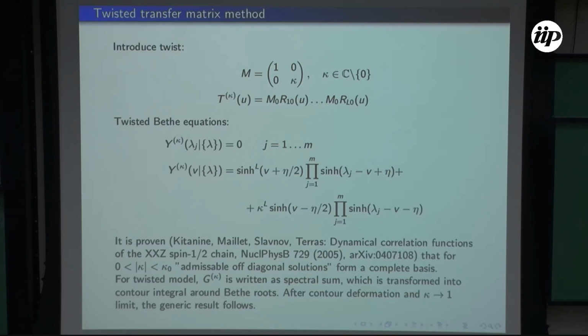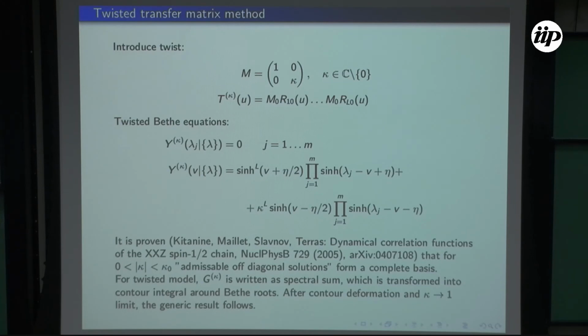We can just do a spectral sum, if you wish, do this expansion over some full system.